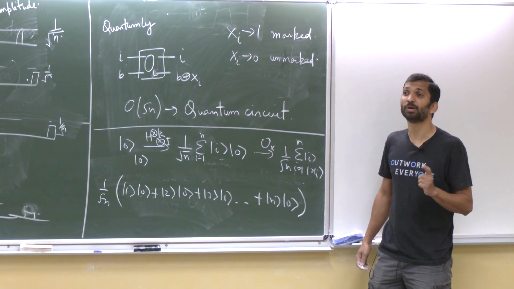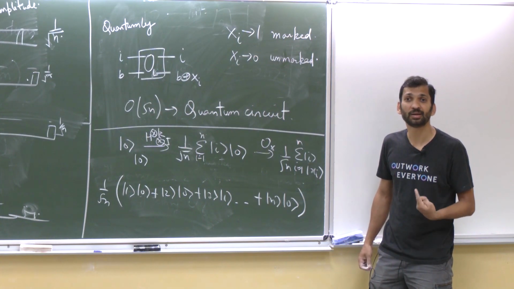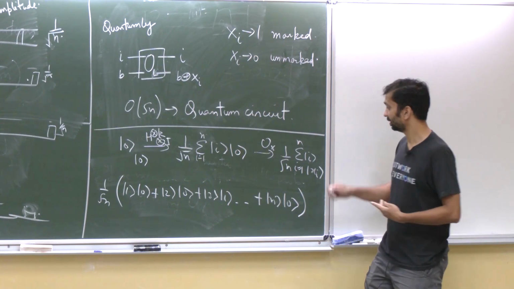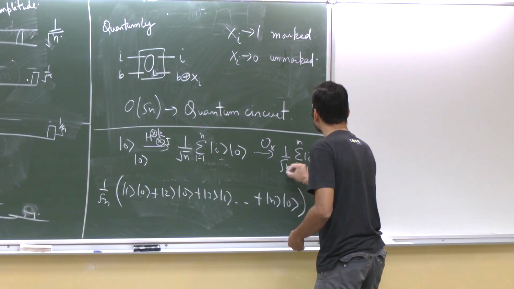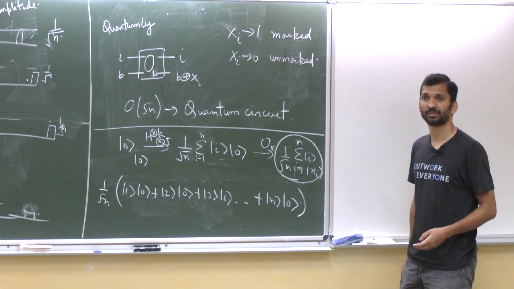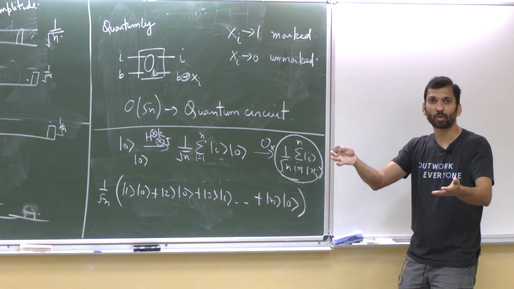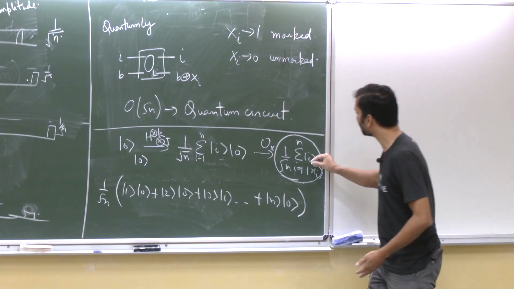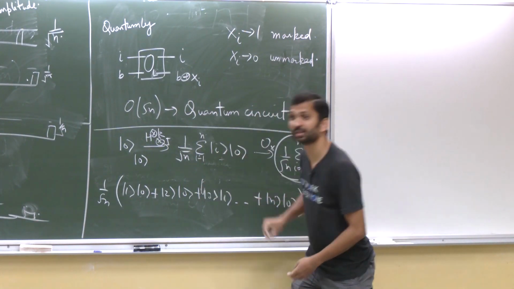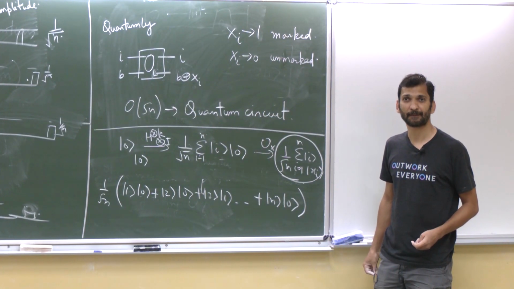Right? But we do not want to amplify probability. We want to amplify amplitude. That means I do not want to measure this state. If I measure, then I have already gone to the probability world. I want to amplify the amplitude given here somehow. Right?